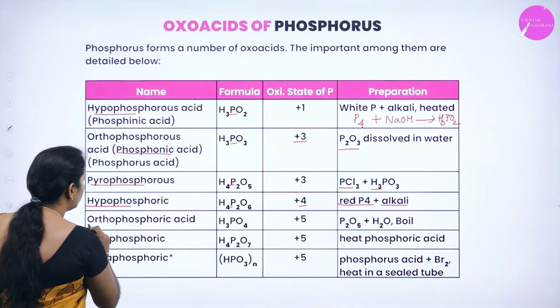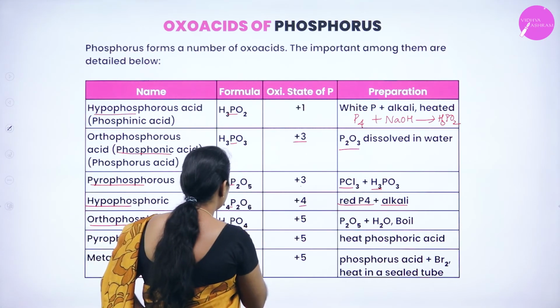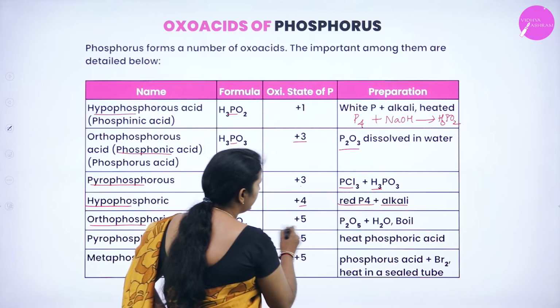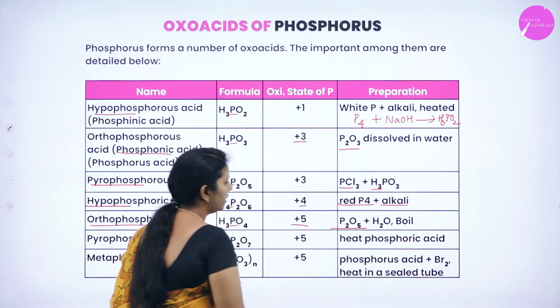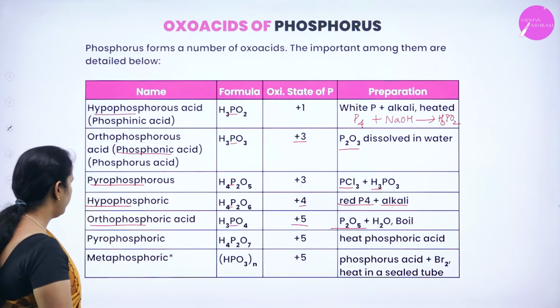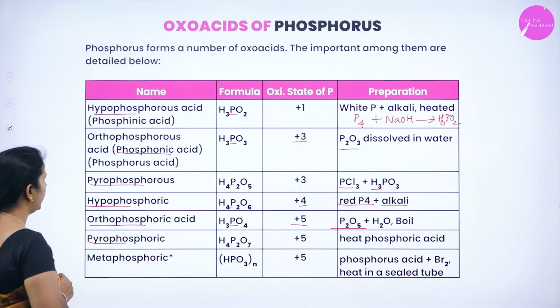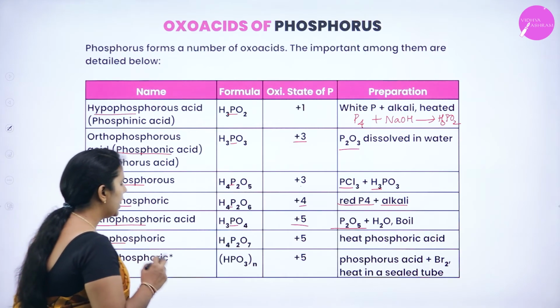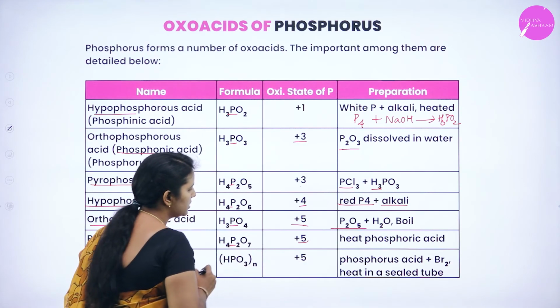Coming to orthophosphoric acid, the formula is H3PO4. Again in this, phosphorus exhibits a +5 oxidation state, and it is obtained by adding P2O5 to water and boiling it to give orthophosphoric acid. Coming to pyrophosphoric acid, the formula is H4P2O7. In that, phosphorus exhibits a +5 oxidation state.